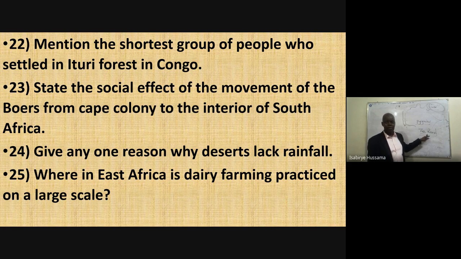Instead of calling it Witwatersrand, and the spelling is hard for you, you call it the Rand. Which waters run? You can also call it the Rand. Now that is the gold.